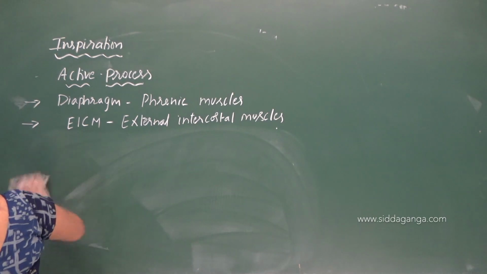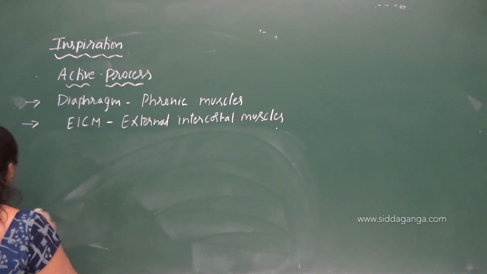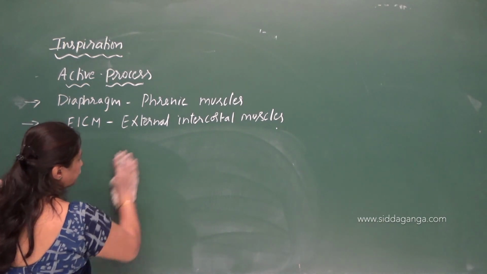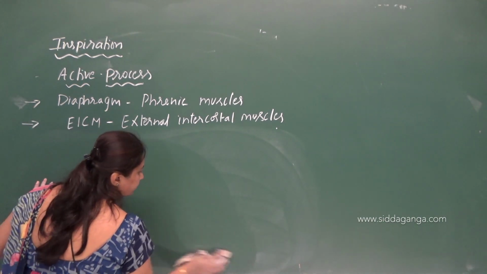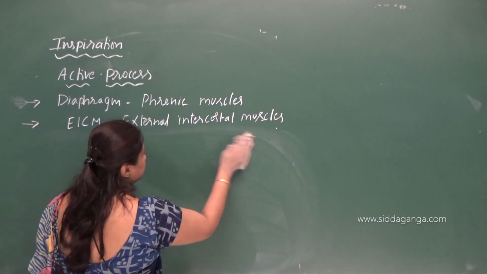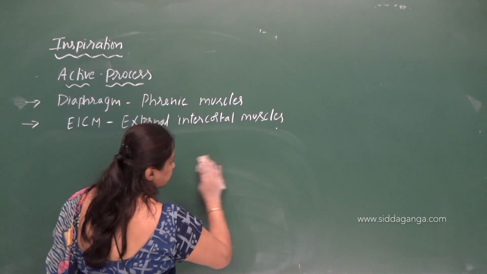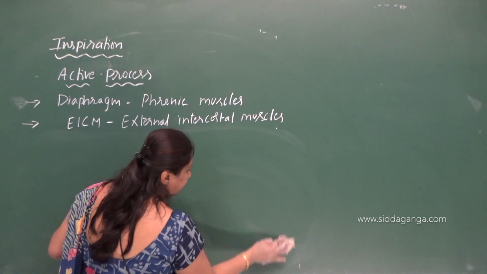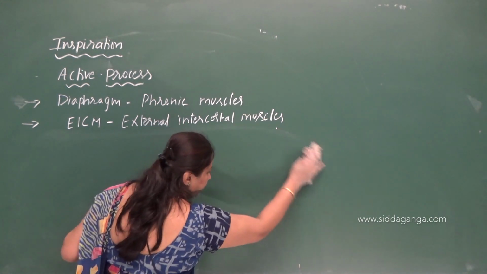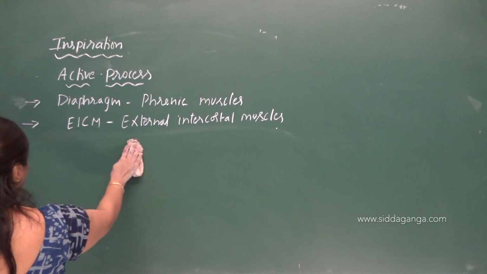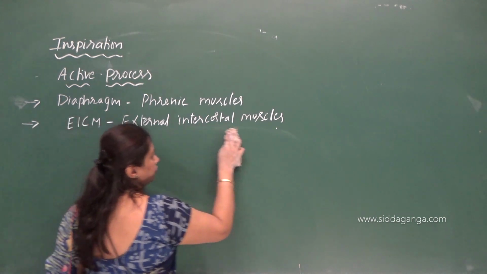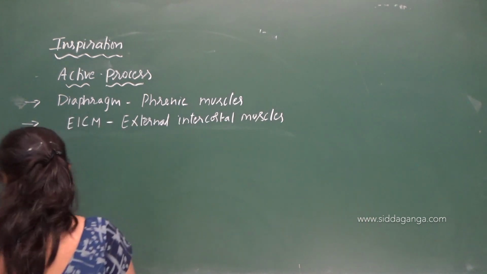See, for inspiration to occur, the pressure inside the lungs should be lower than the atmospheric pressure, because gases move from a region of higher pressure to a region of lower pressure.